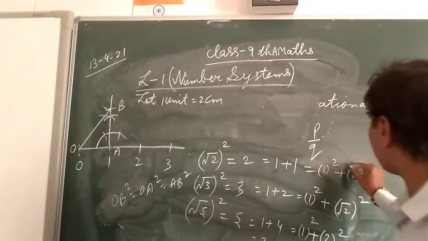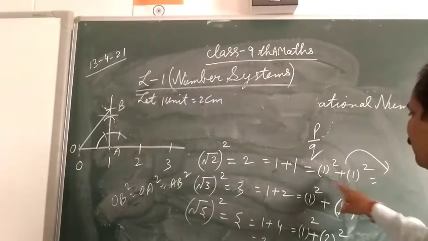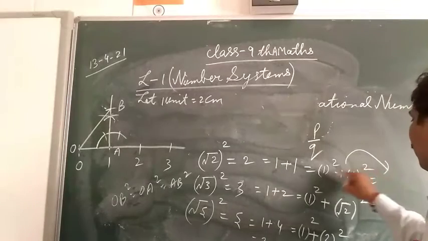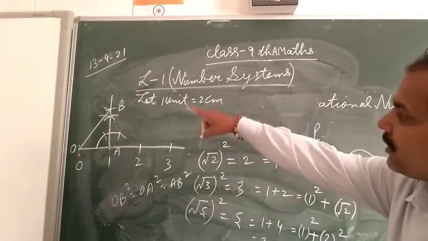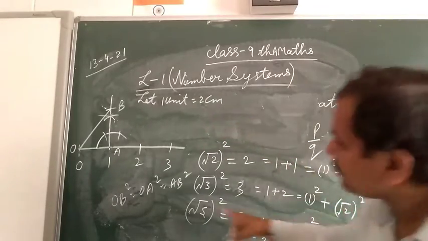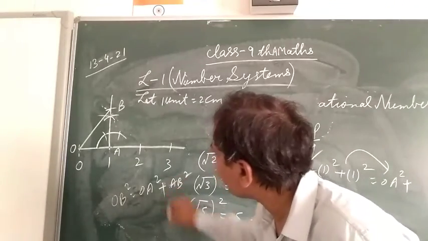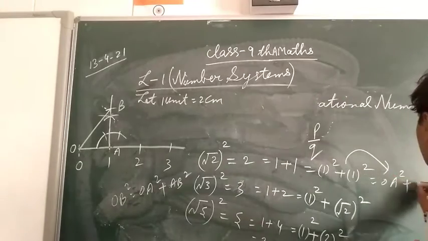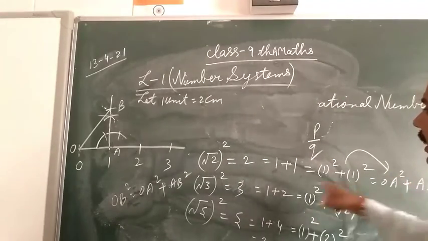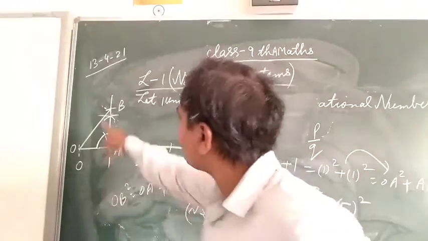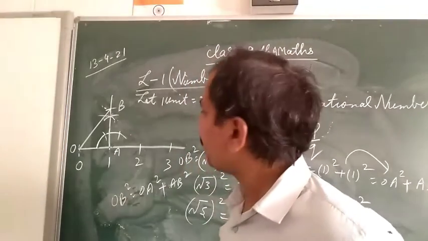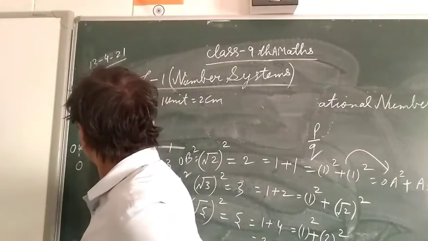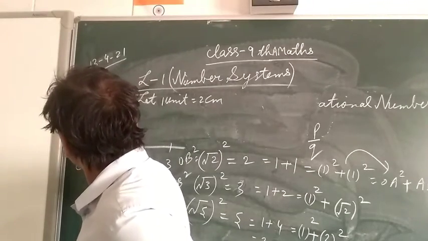So in place of this, now you can write OA 1 square and another 1 square, so OA square plus AB square, and this is under root 2 square, that is OB square. Clear? So this will be under root 2.